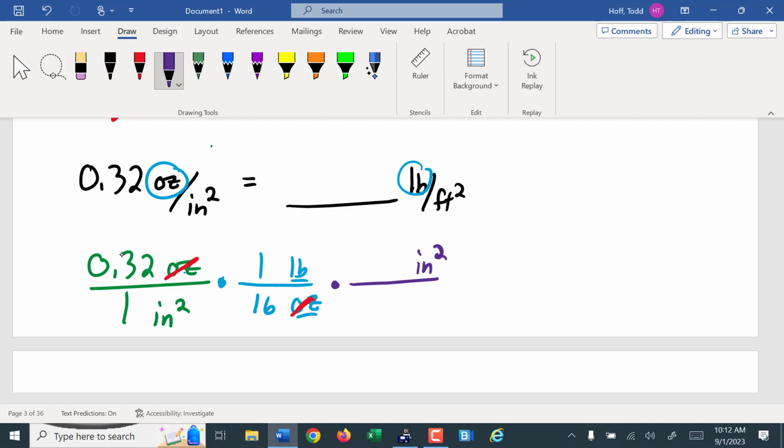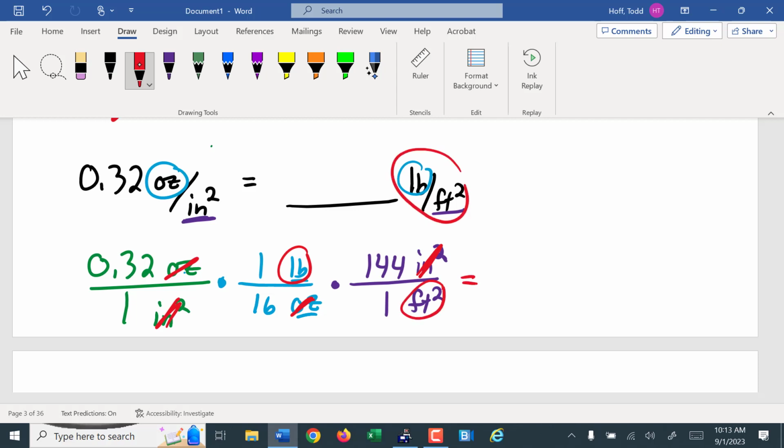And we're changing square inches into square feet. What's that relationship? I heard somebody mumble it there. 144, there we go. 1 square foot is 144 square inches. So the square inches cancel out. We now have pounds on top, square feet on bottom, which is what we want.